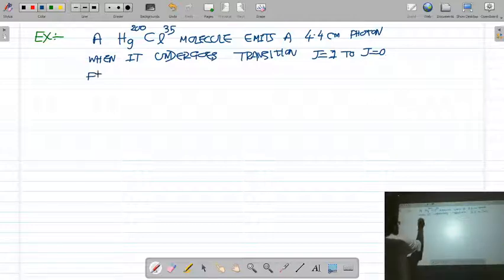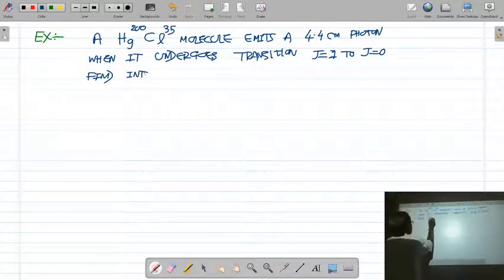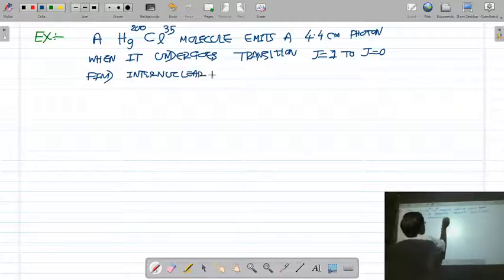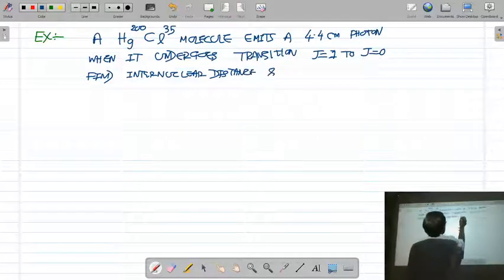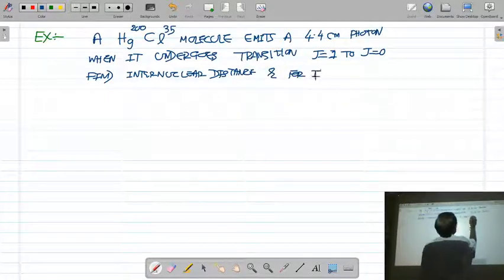Find the internuclear distance R for this molecule.